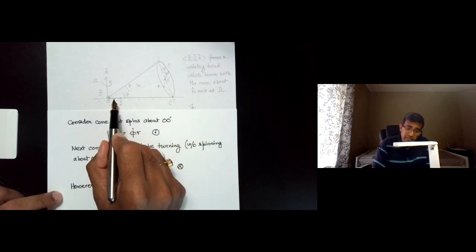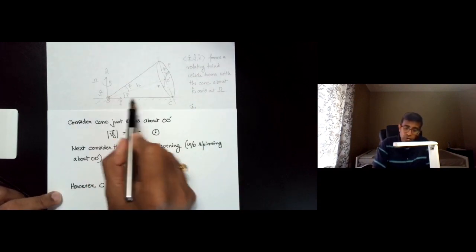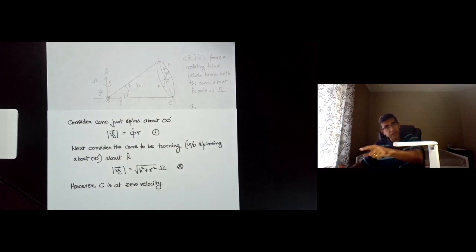In fact, for that matter, any point on this line OC, which forms the line of contact between the cone and the ground, is instantaneously at rest, because that's the definition of rolling without slipping. The ground has no velocity, so therefore the contact line must have zero velocity as well.